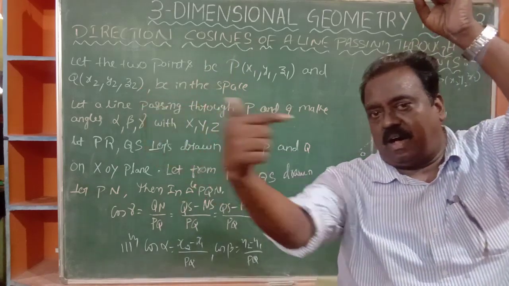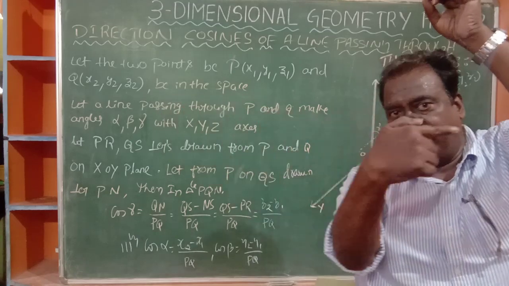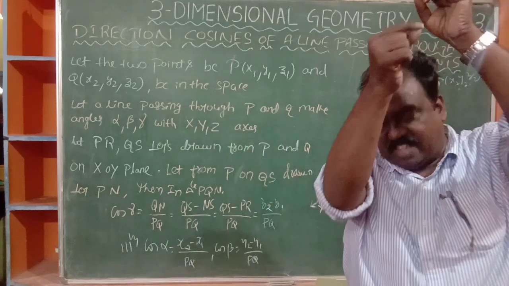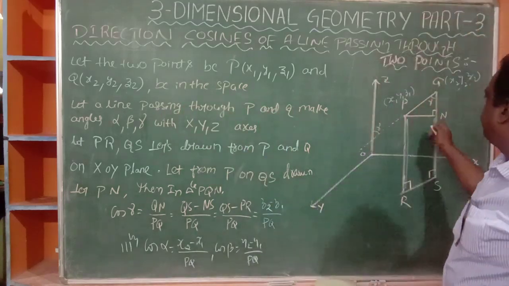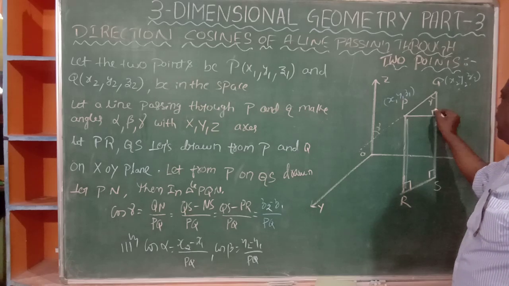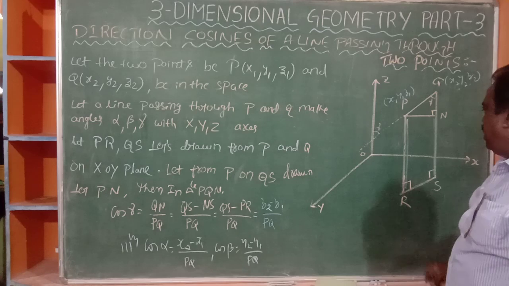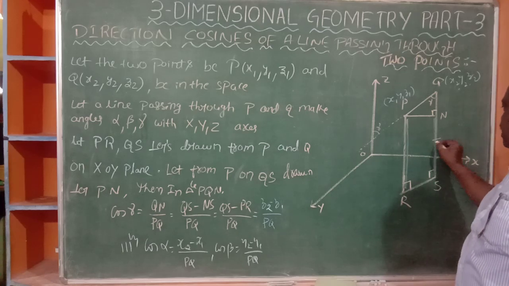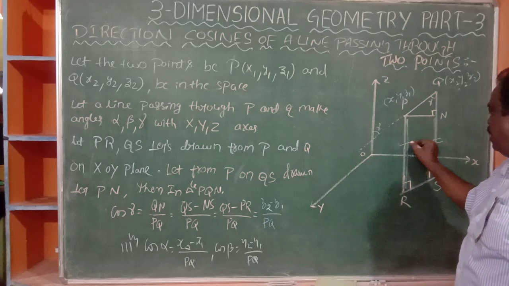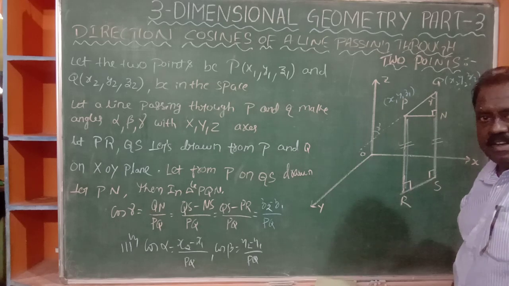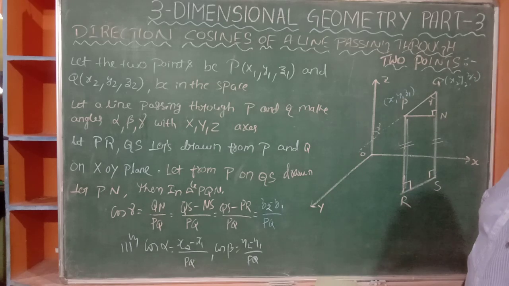From P on QS, another perpendicular PN, 90 degrees. PN is drawn perpendicular. Now it is also 90 degrees. Here, the main question is, I will say this NS and QR are parallel, equal. I will say.